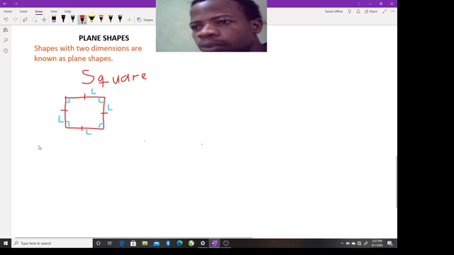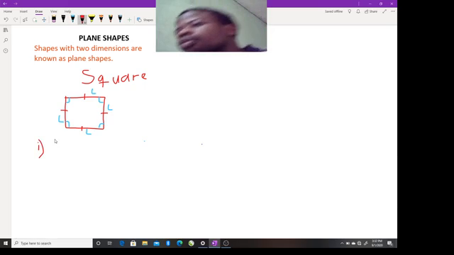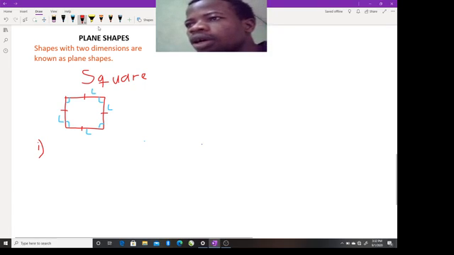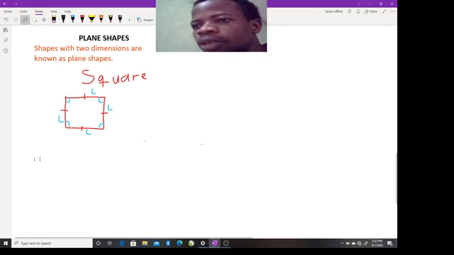The first property: all the sides are equal. In fact, don't let me draw, I will have to write, then you see what I'm explaining. 1.